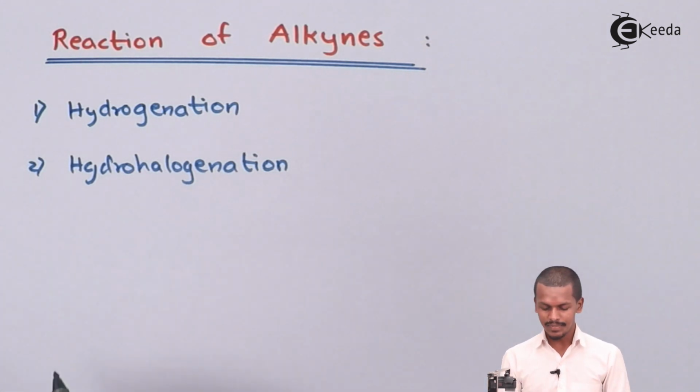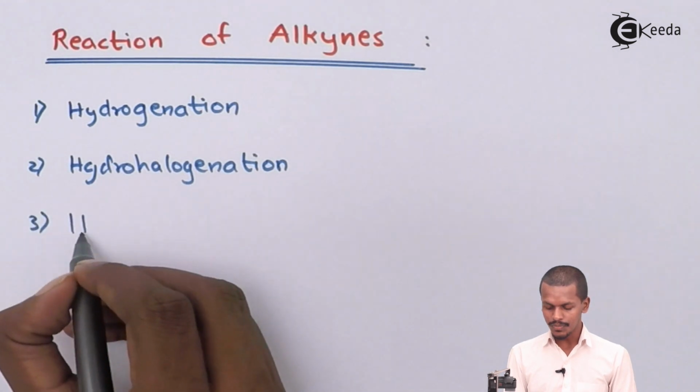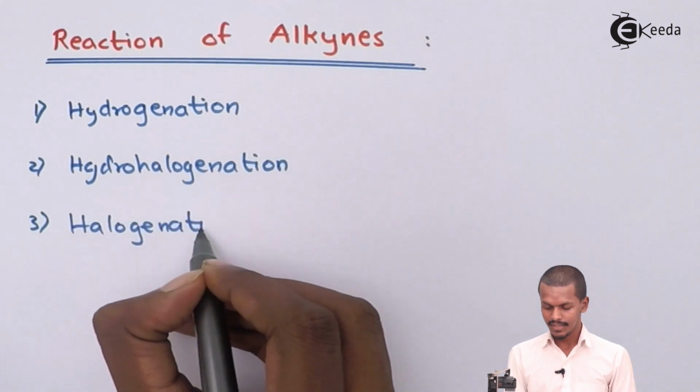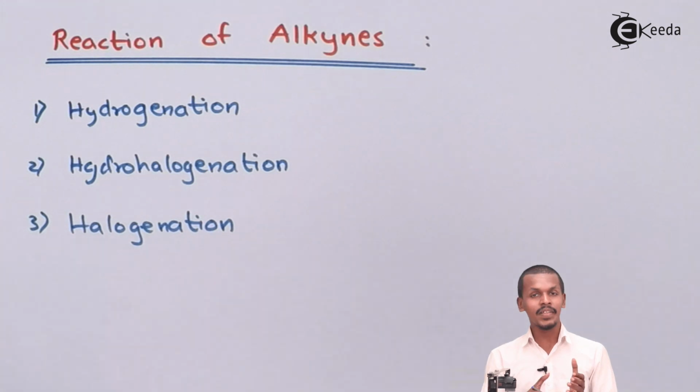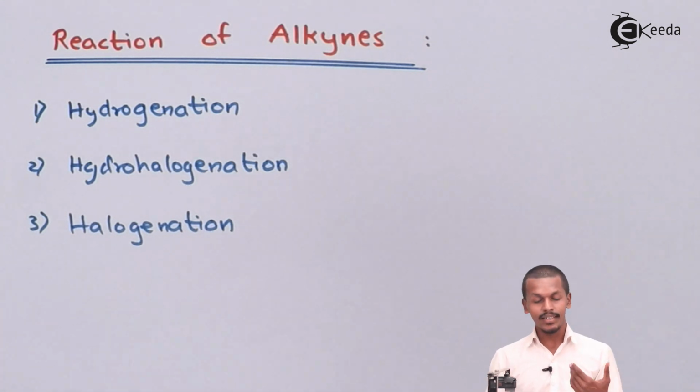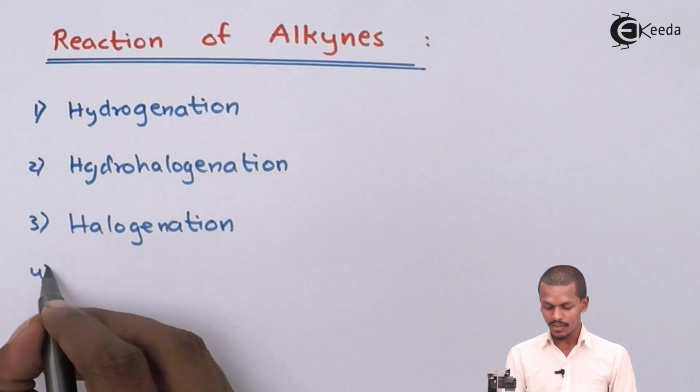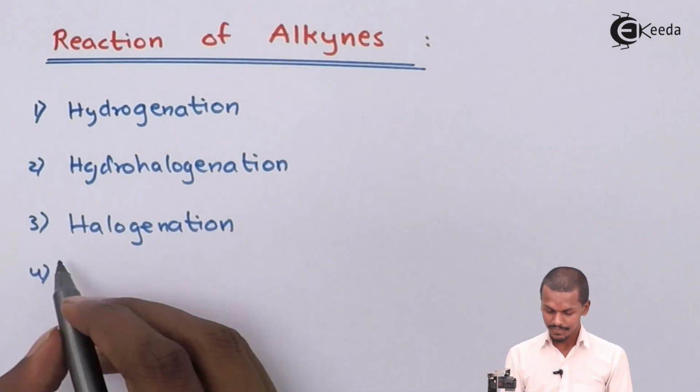The next one is the halogenation reaction, which means it will react with halogen molecules. It can also show the reaction with sulfuric acid.